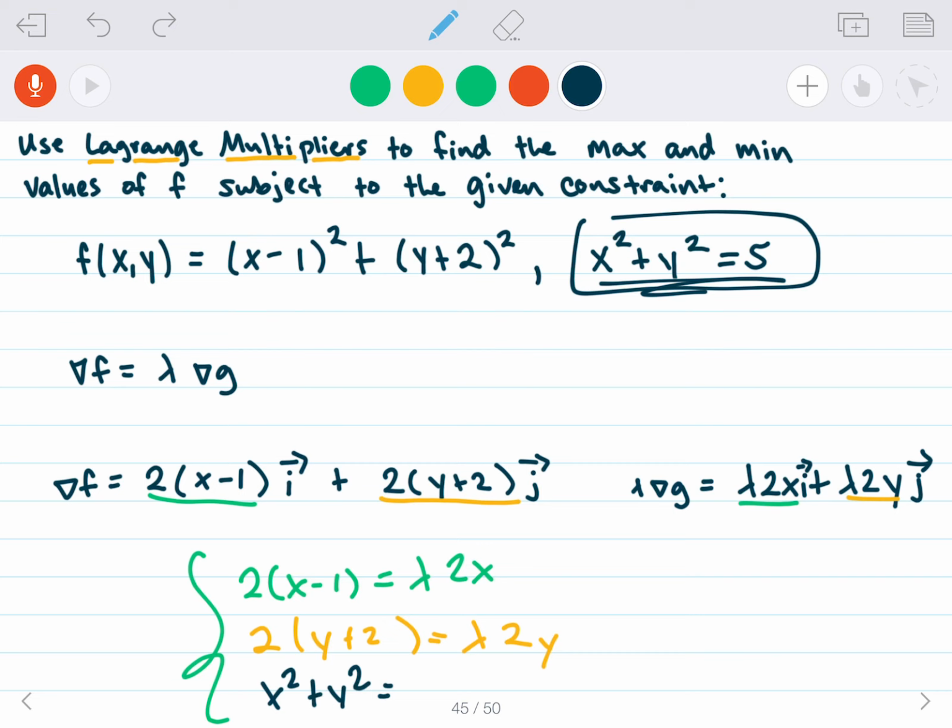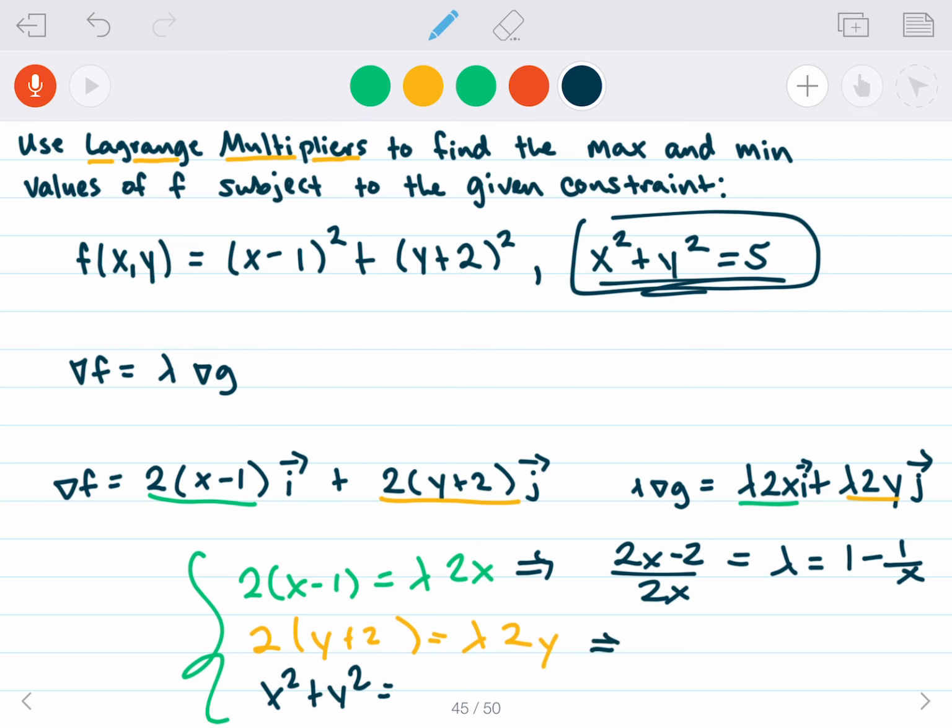So if I go ahead and divide by 2x here, I get 2x minus 2 divided by 2x equals lambda. And so that's just going to give me, lambda is equal to, if I separate the fractions out, I'm going to get 2x over 2x, which is 1, minus 2 over 2x, which is minus 1 over x. Okay. So there's lambda there.